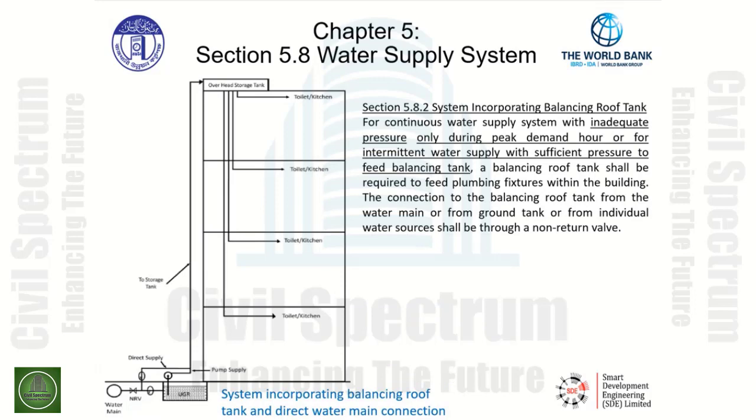Section 5.8.2 indicates a system of incorporating balancing roof tank and direct water main connection. So for continuous water supply system, let's say with inadequate pressure only during peak demand hour, or for intermittent water supply with sufficient pressure to feed the balance tank, a balancing roof tank shall be required to feed plumbing fixtures within the building.